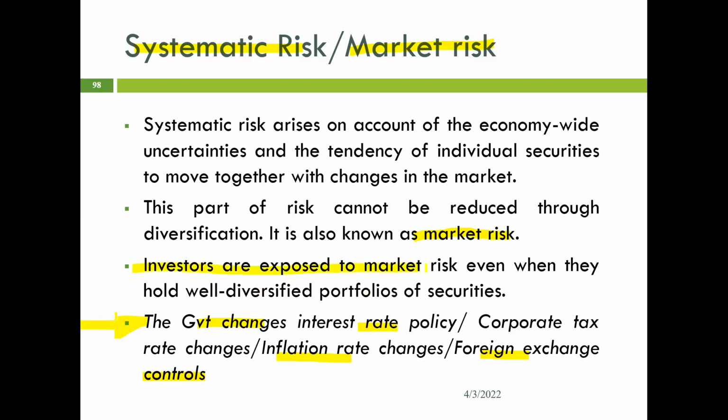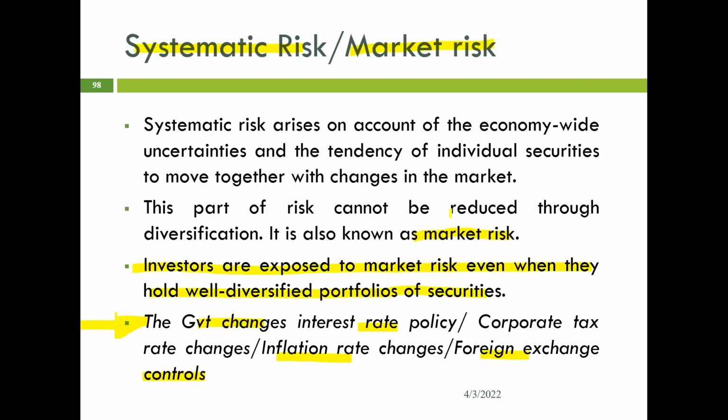Even though you have a well-diversified portfolio, still you are affected by systematic risk. I have my portfolio with 50 stocks in the market, but even I am affected by changes in the interest rate, changes in inflation, changes in government policy rates, exchange market risk. So therefore, this part of risk we cannot diversify away.